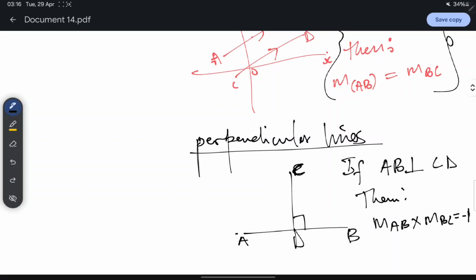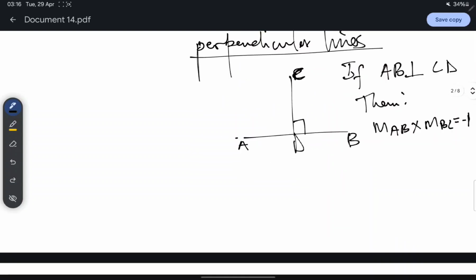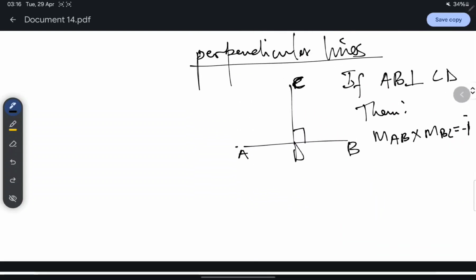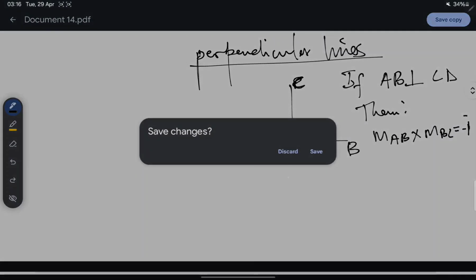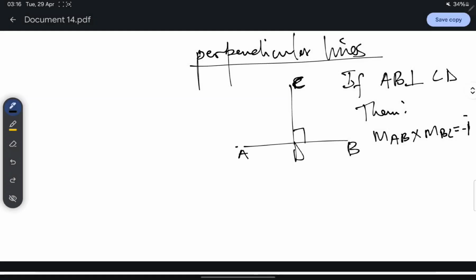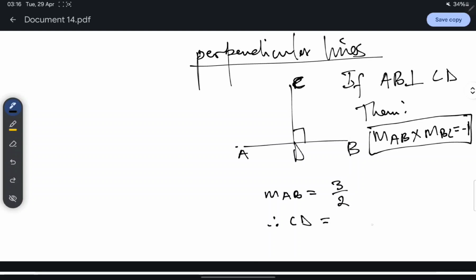Alright. This implies that whenever I am being given the gradient, maybe I am told that the gradient of AB is equal to 3 over 2, then the gradient of CD will be the reciprocal times minus 1.